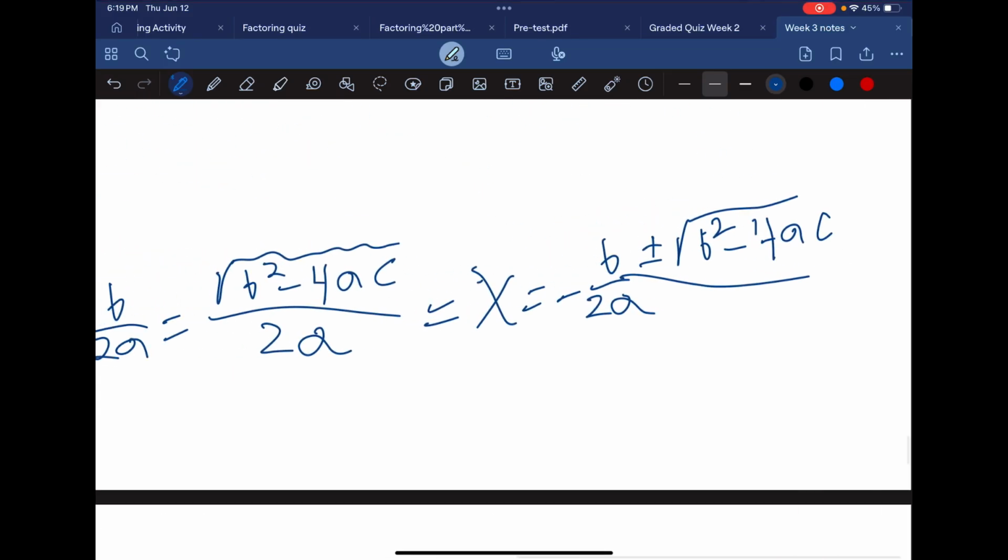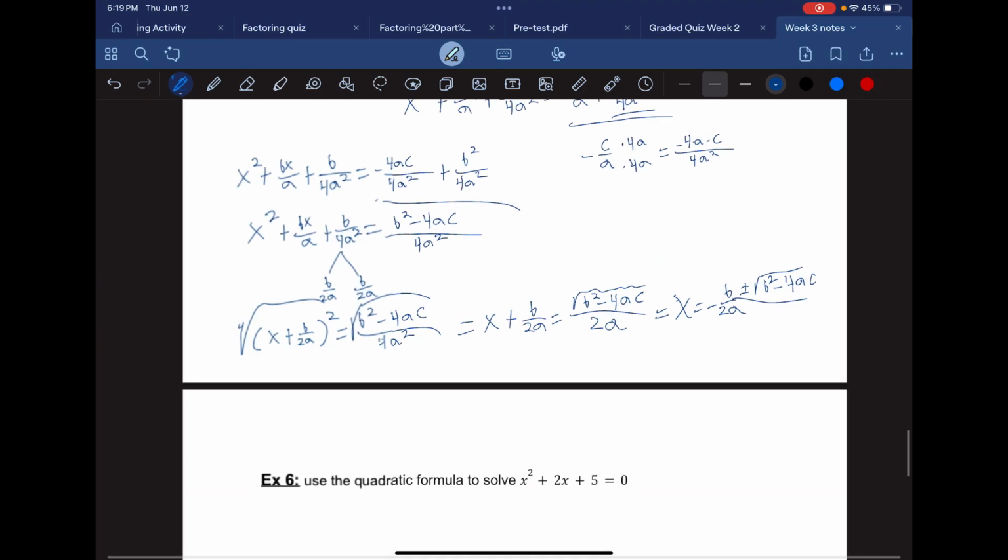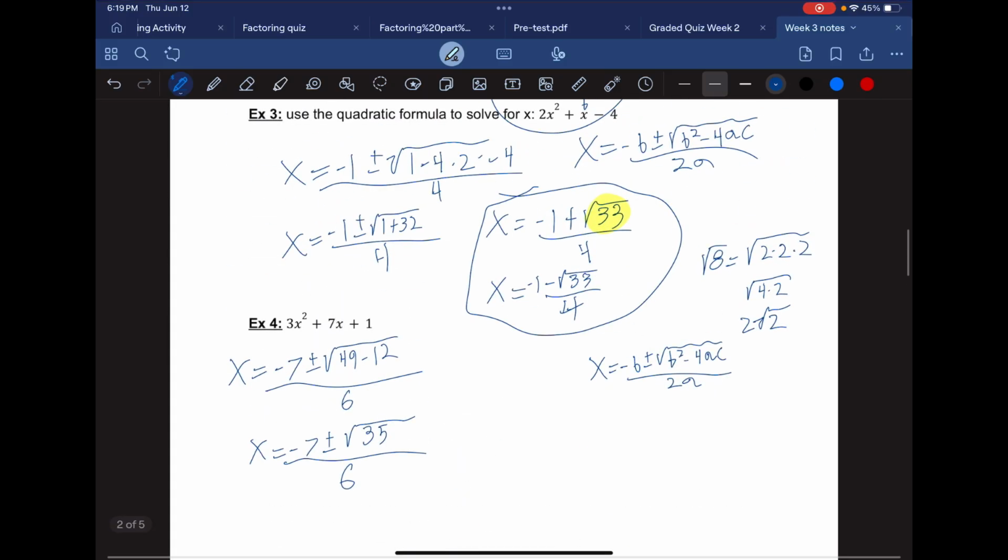And now we have x equals negative b over 2a plus or minus the square root of b squared minus 4ac. Matches perfectly.